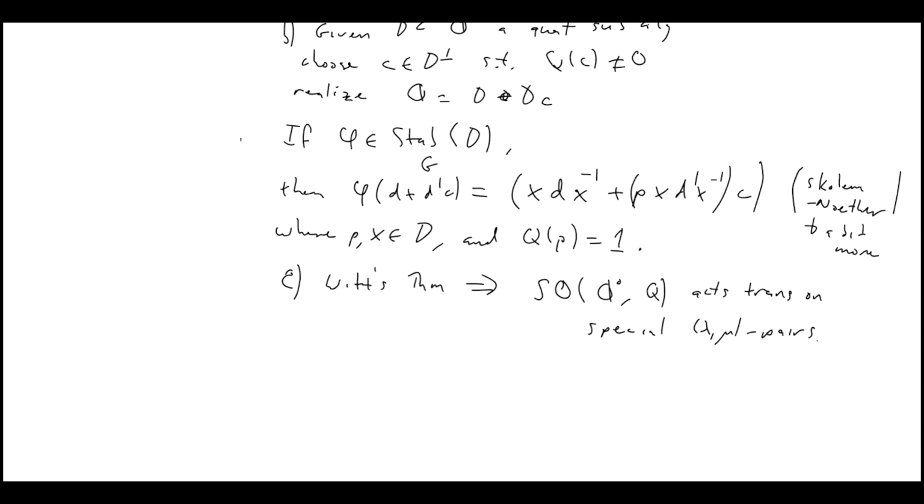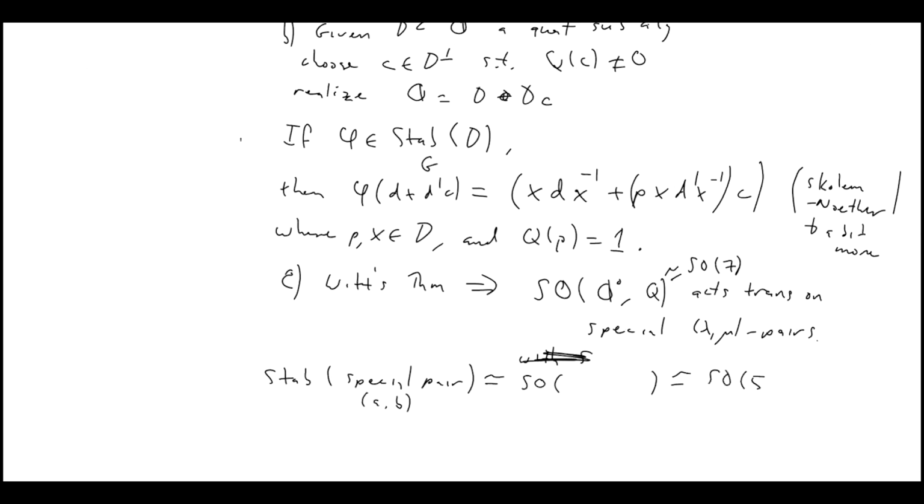And the stabilizer of a special pair. Let me also say, we're working over the algebraic closure, so this is really just SO7. And the stabilizer of a special pair is isomorphic to SO, let me write something a little bit more precise first, and this will just be SO5.